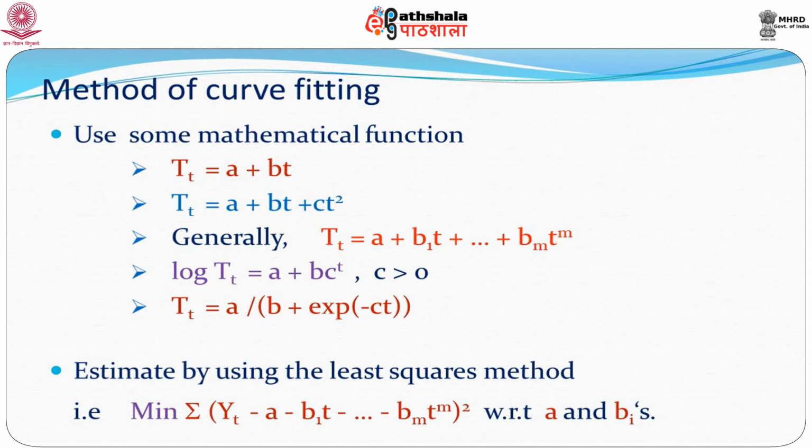We are not going to discuss the parameter estimation in detail here, but most of the polynomial curves can be estimated using the least squares method. So, this is how we can get trend by the method of curve fitting.